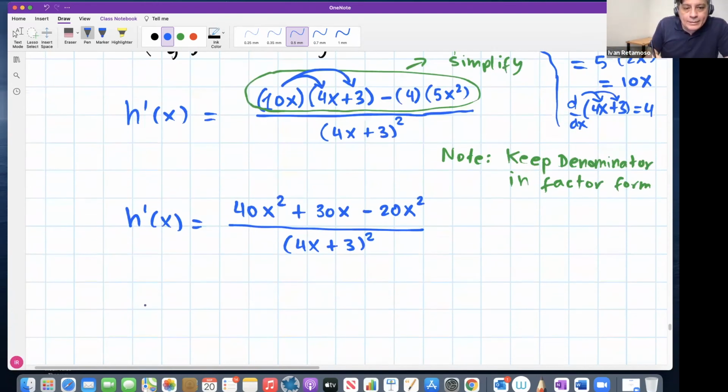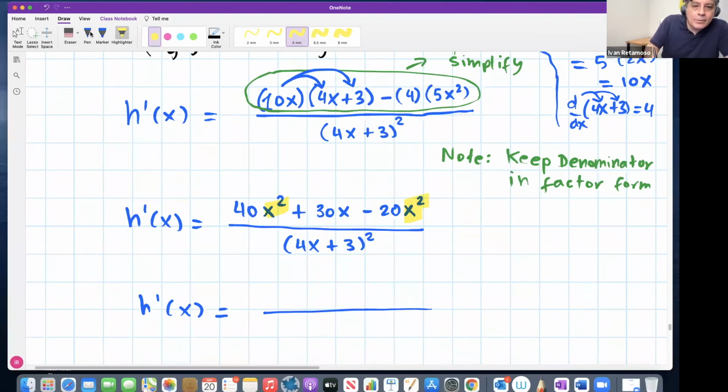Now notice these two are like terms, 40x squared and 20x squared, so we combine them. 40x to the second power minus 20x to the second power is just 20x to the second power, plus 30x by itself.